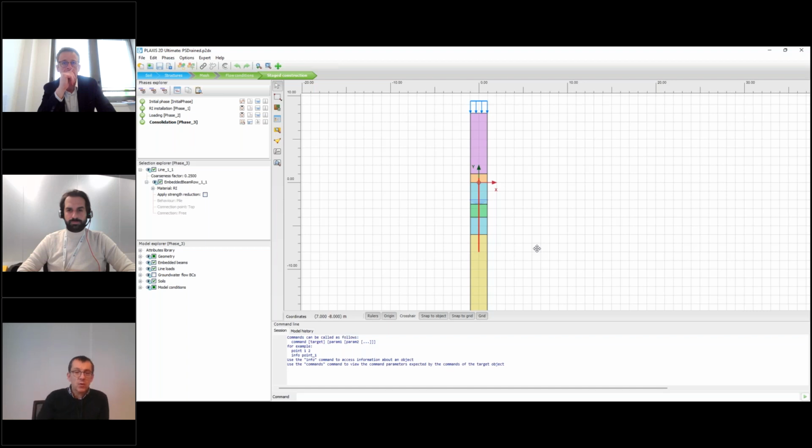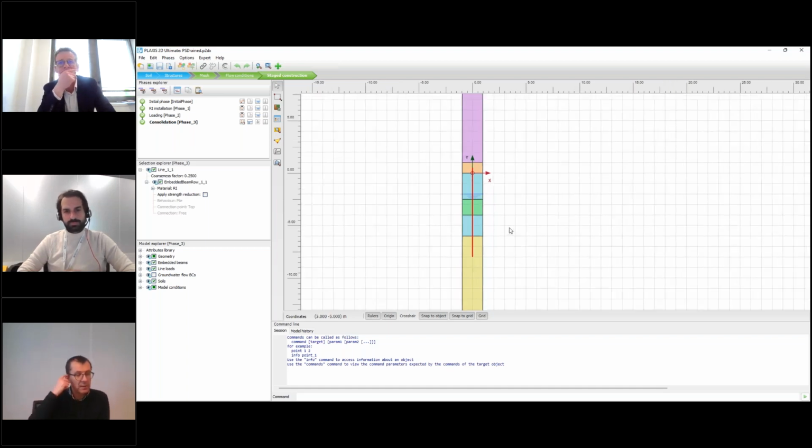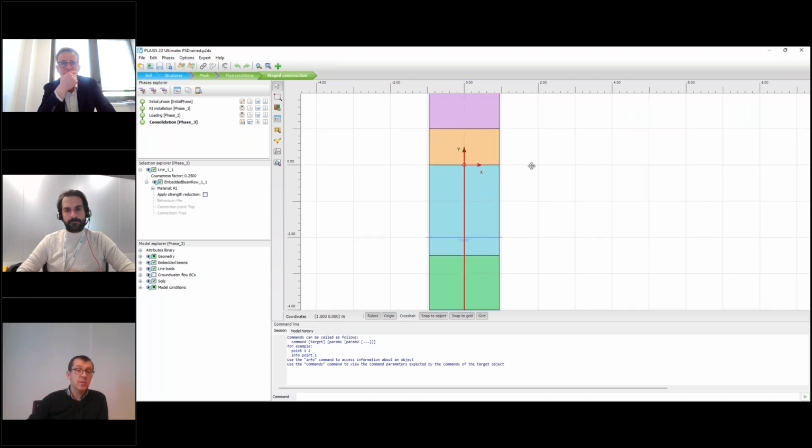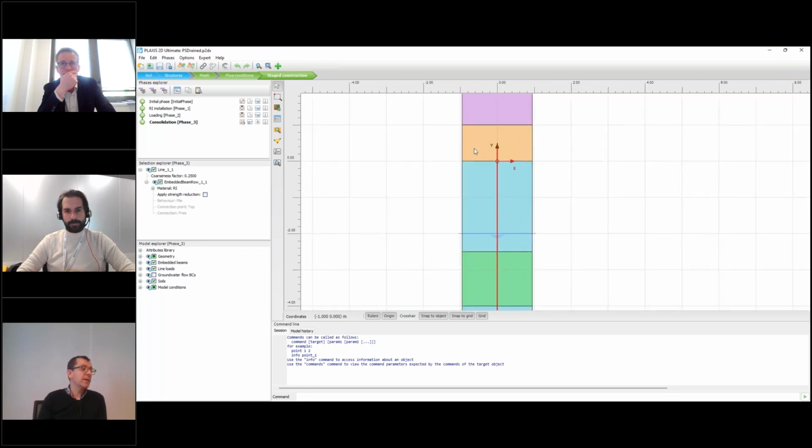So a few important aspects here about being successful in achieving this calibration. Mind first that we need to enforce some kind of load transfer mechanism at the tip of the embedded beam. You need to know that the embedded beam here is just a node. So there is no way a node can properly reproduce the load transfer from the embankment to the rigid inclusion through the mattress. So usually there are two main techniques.